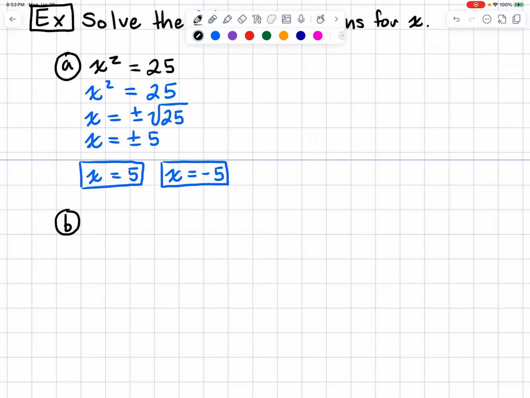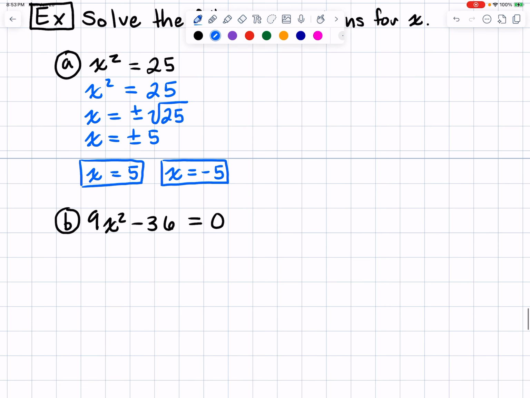Part B is 9x squared minus 36 equals 0. So if we want to use the square root property, we're going to want to get x squared equals something, meaning we want to get x squared by itself. So how can we get x squared by itself? First, let's rewrite the problem. Well, I'm going to add 36 to both sides.